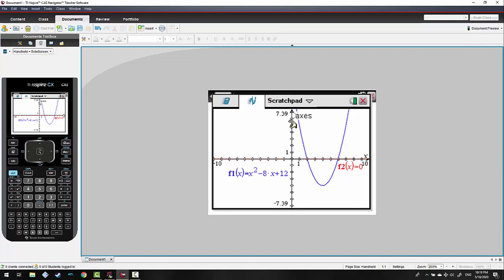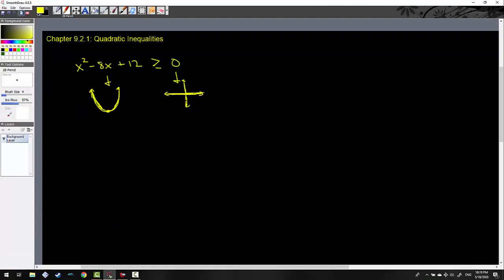So notice where the blue graph is above the red graph, and where the blue graph is below the red graph. Sometimes we're above, sometimes we're below, sometimes we're back up above. So this means the problem's a lot more complicated. How do we take care of a situation like this?